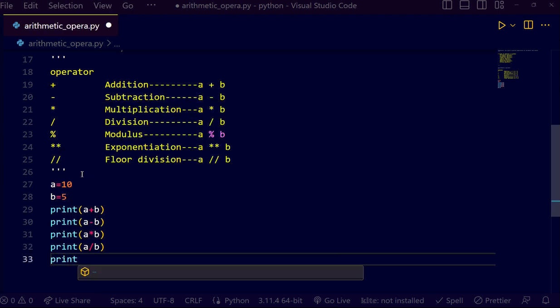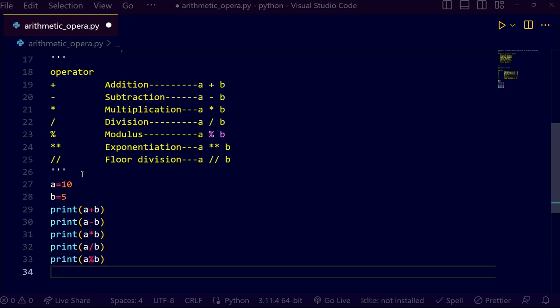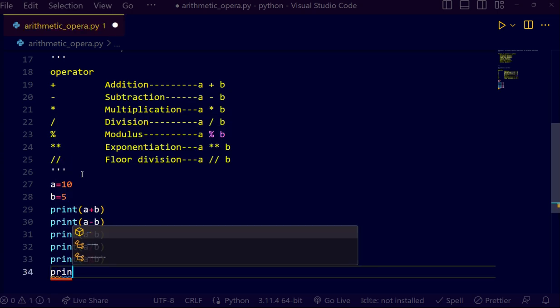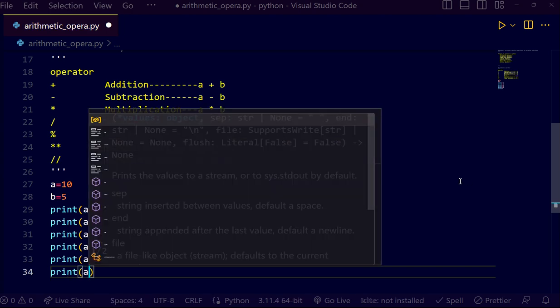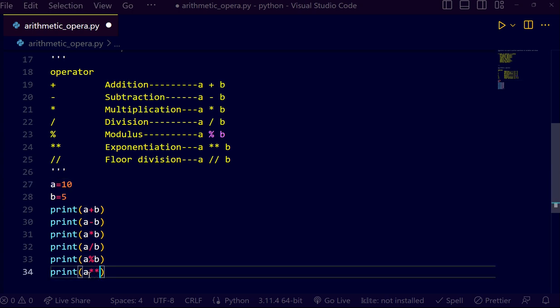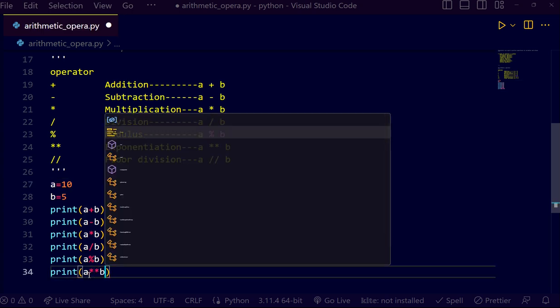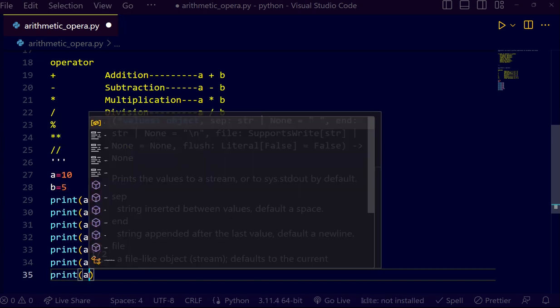Next, print a modulus b. Next, print a star star b. It means that it's exponential. In further videos, I'll tell you how to use the math module so that you can understand easily. Print a floor division b.